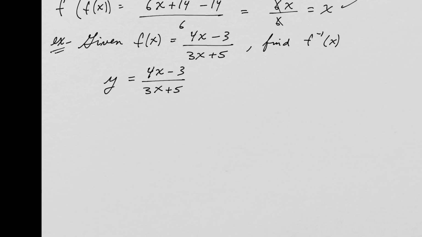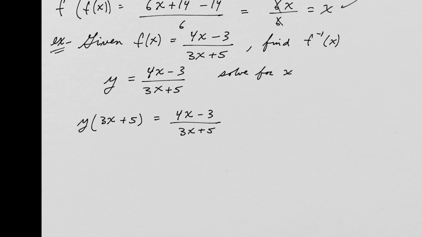Now I need to solve that equation for x, right? I want to solve this for x. Okay, how do I do that? Well, since I have fractions, I probably want to clear out the fractions by multiplying both sides by the lowest common denominator, which in this case is 3x plus 5. So I multiply the left-hand side by 3x plus 5, and the right-hand side by 3x plus 5.